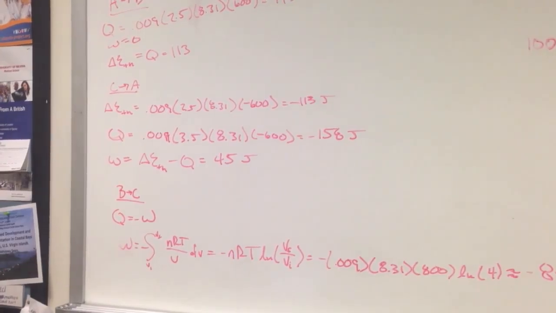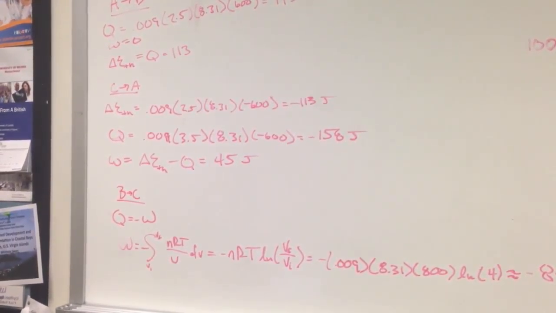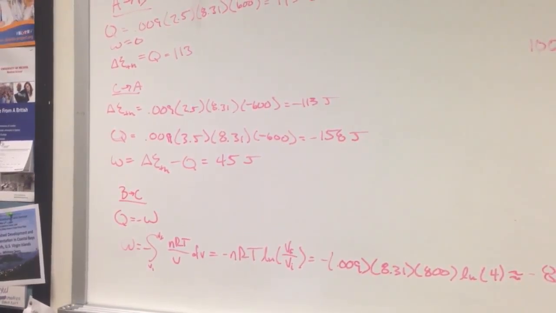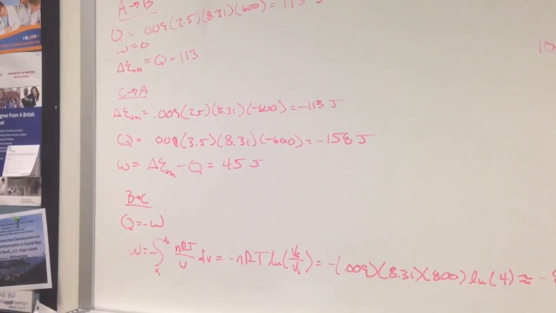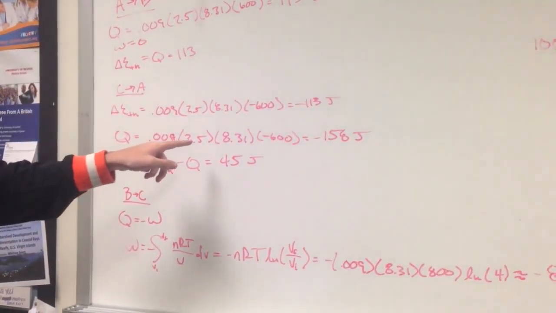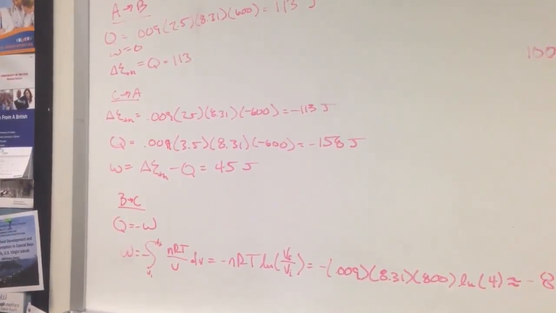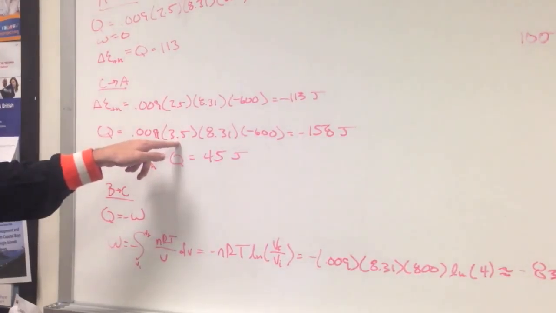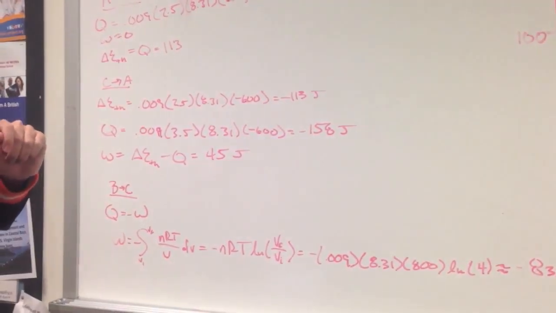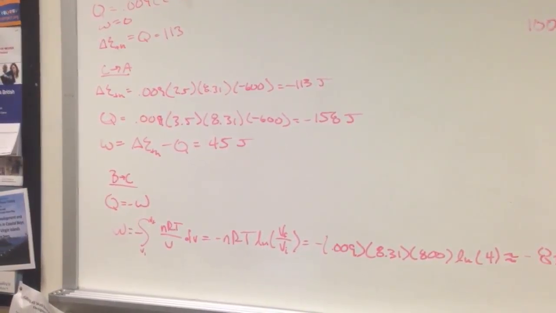We know that Q in an isobaric process is the number of moles times Cp, which is a little different because the pressure remains constant, and that is 3.5 R. R is 8.31, that constant we know, and the change in temperature still is negative 600.